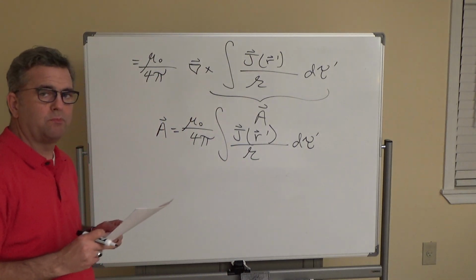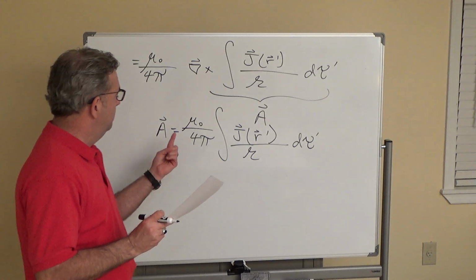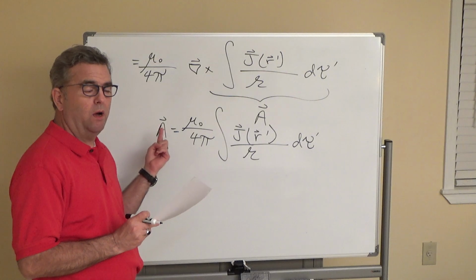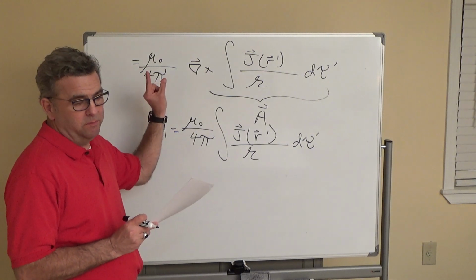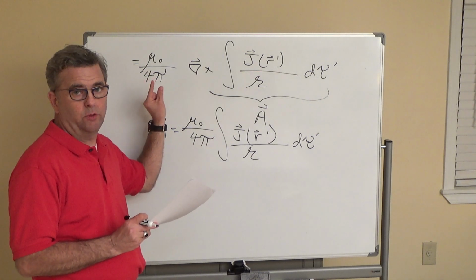Okay. So this magnetic vector potential plays the role of what we had for the electric field, which was the electric potential.